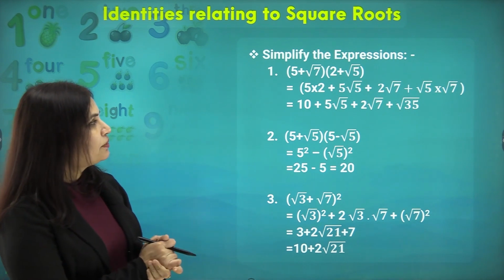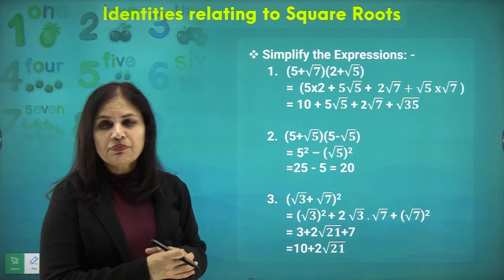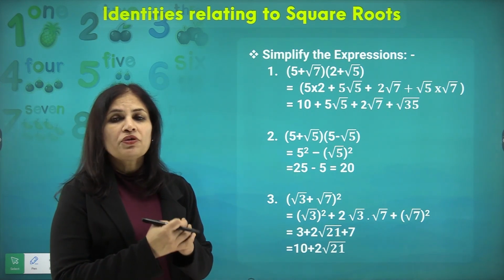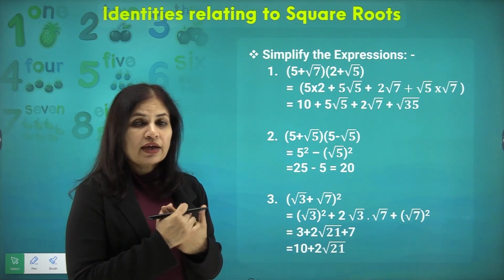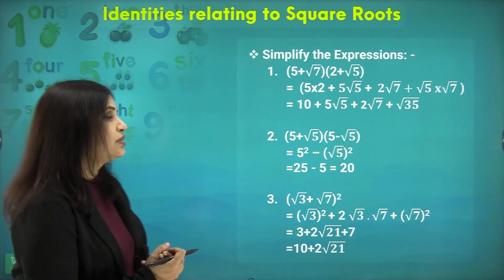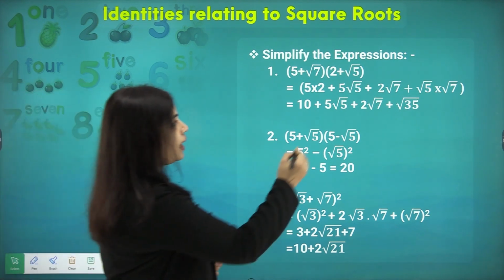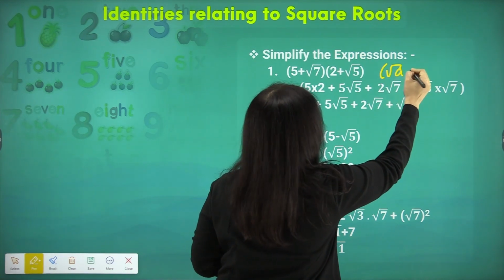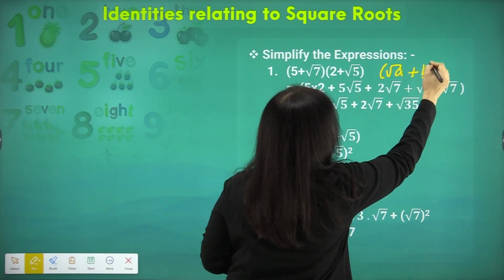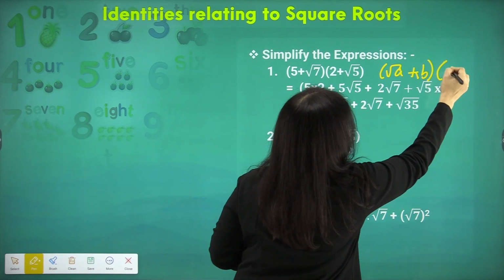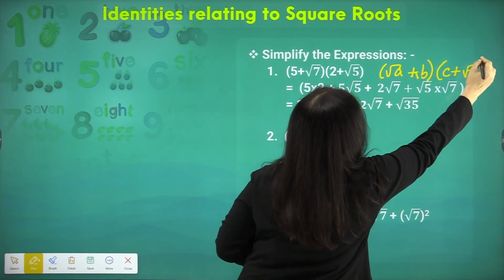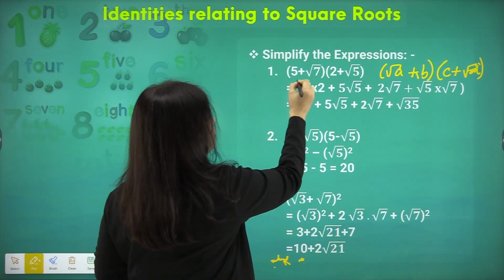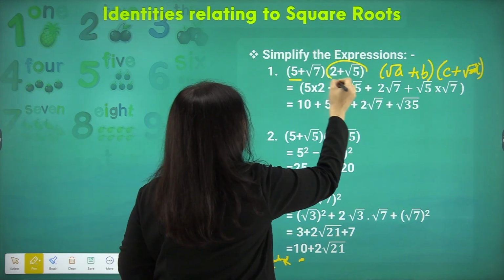As we can see in the example, the first question, 5 plus root 7 into 2 plus root 5. So, using which identity can I solve this? Here I will use root A plus B into C plus root D, and will solve it using the distributive law. 5 will be first multiplied with this entire expression.